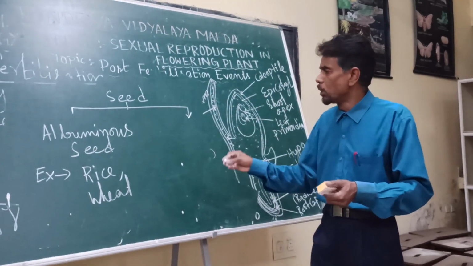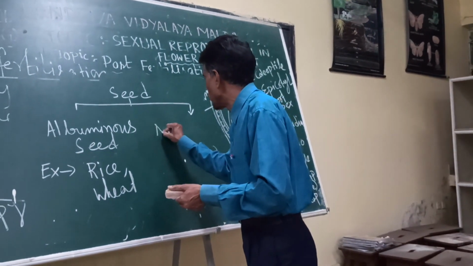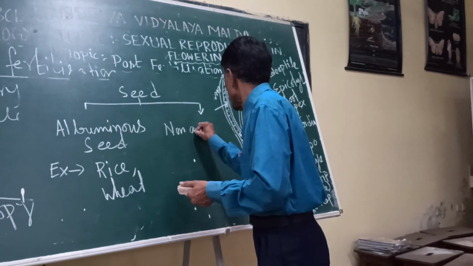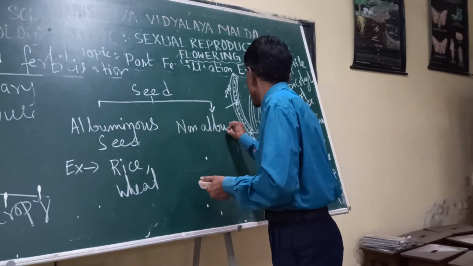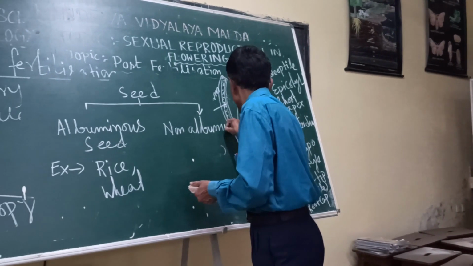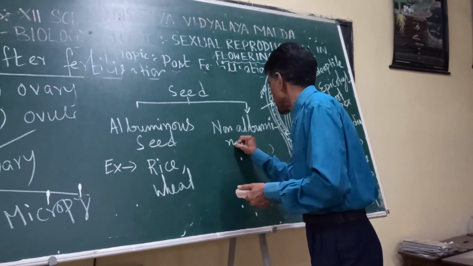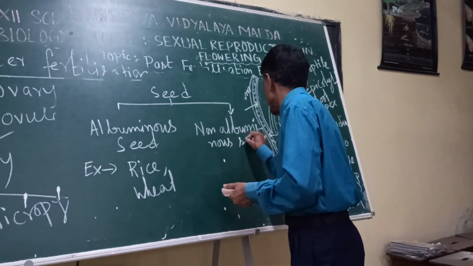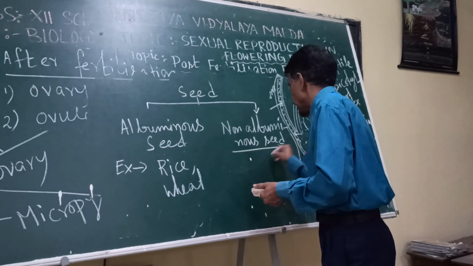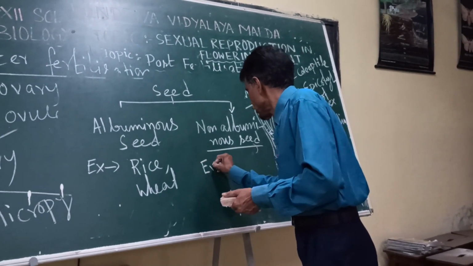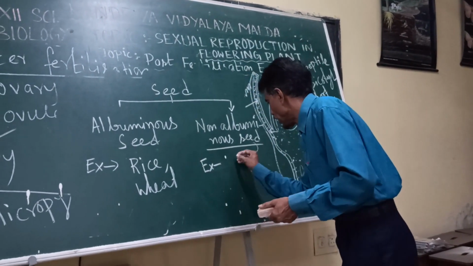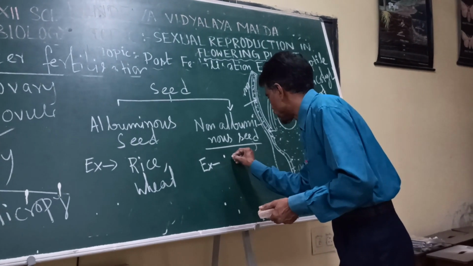That type of seed we call non-albuminous seed. Example, say groundnut or say pea.